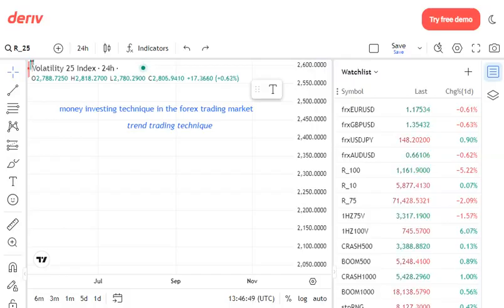It offers high liquidity and quick transactions.